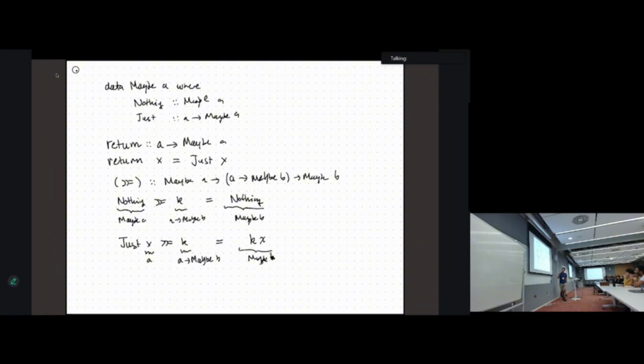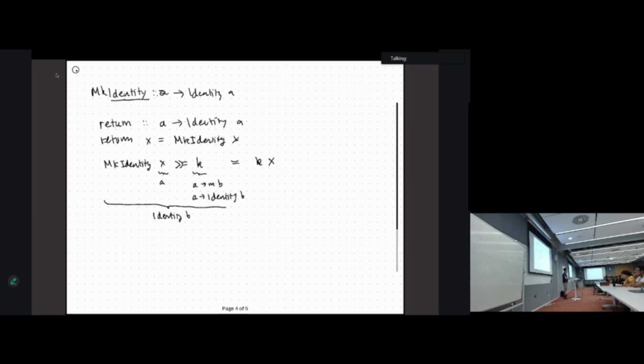Now, just some observations, right? This last clause should seem very familiar because we saw it on the previous slide. It's just take something of type A to maybe A, which is exactly the same signature as what this identity did. It took an A to the type that we're constructing.